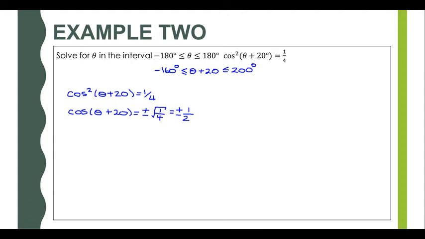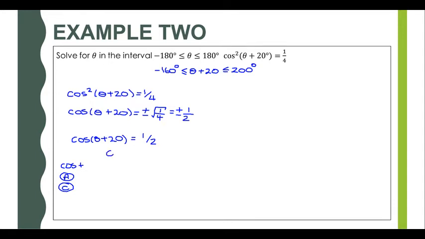So if I look first at cos (theta plus 20) is equal to a half. Cos is positive here, positive a half, and I know that cos is positive in the A and C sections of my CAST diagram. So in a minute I need to use that.